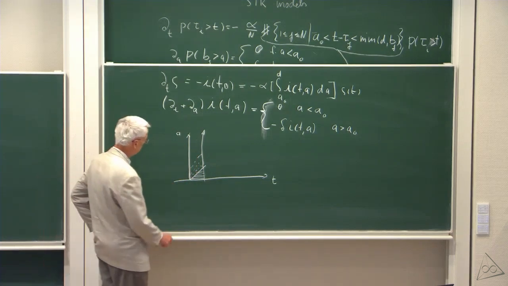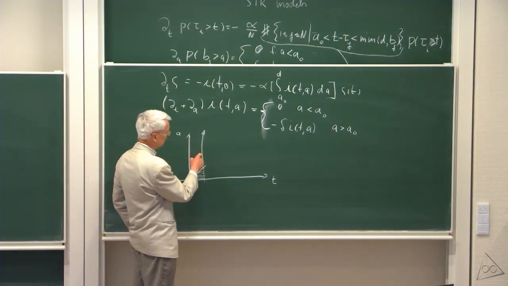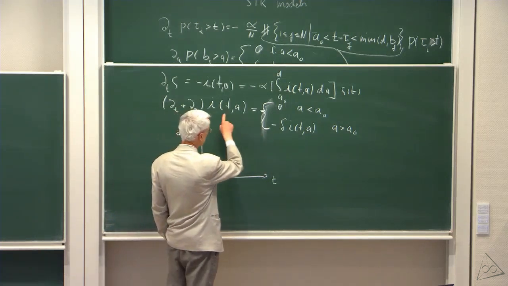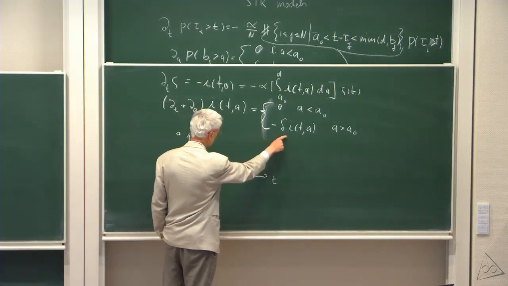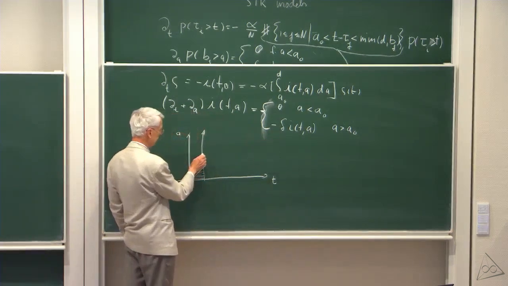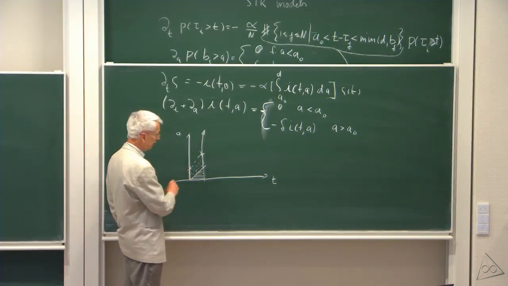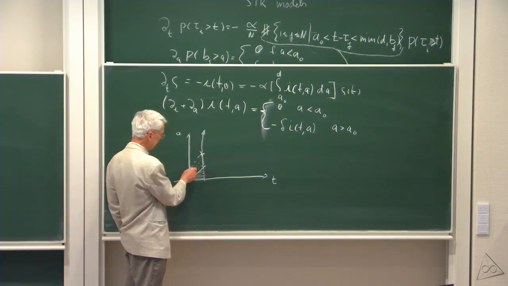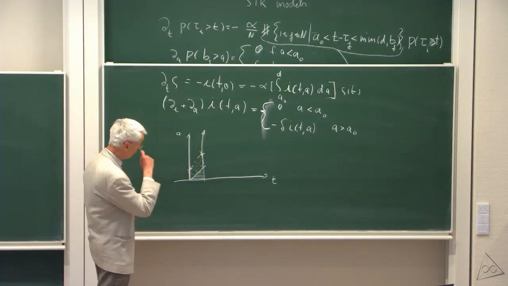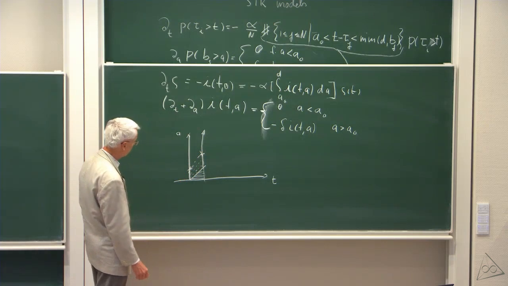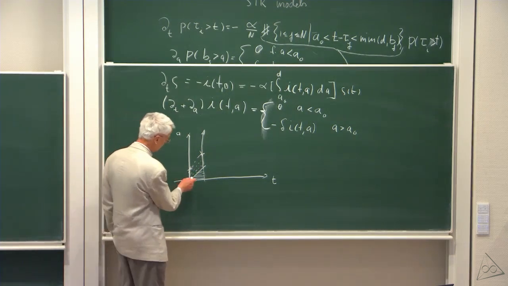Now, when you look at such a simple type of equation, then you can solve it more or less explicitly, so you know exactly what the value of I of t, a is here, if you know it here, because you solve explicitly this differential equation along the characteristic.